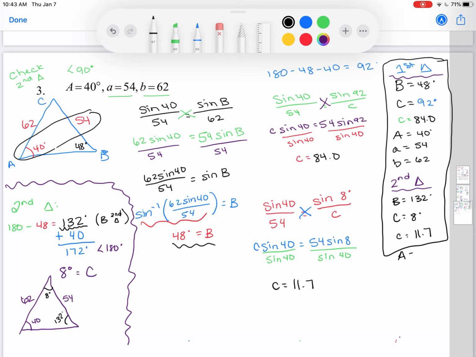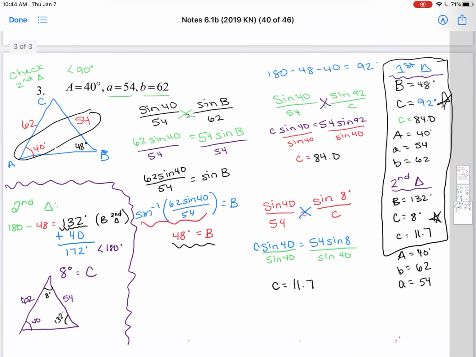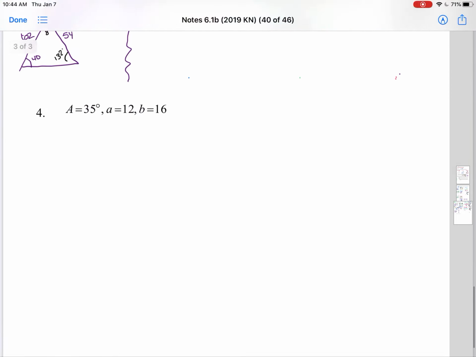And then the same thing for the second triangle, you're going to have the exact same information. A is still 40 degrees. If you added all your angles up, you'd still get 180. B is still 62, and little a is still 54. So you still have the exact same given information from the beginning. It's just different information from us having two triangles. All right, much like that picture at the beginning.